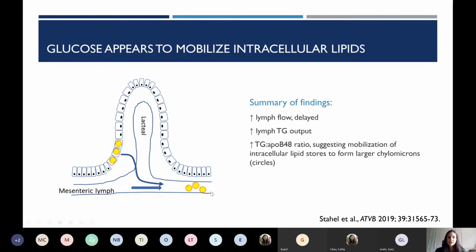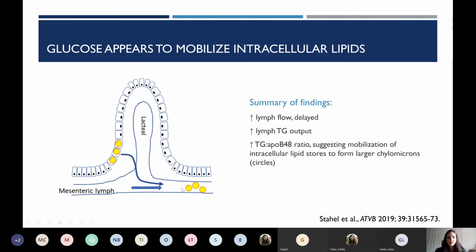And we also see an increase in lymph TG output, and that's the calculation that is lymph flow times TG concentration. So it takes into account those two major factors that are affecting TG output, and we see that there's an increase in TG output.